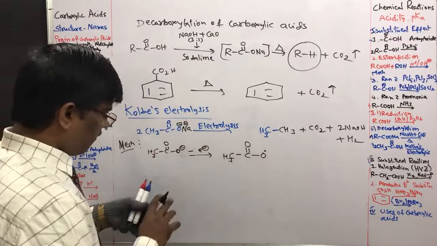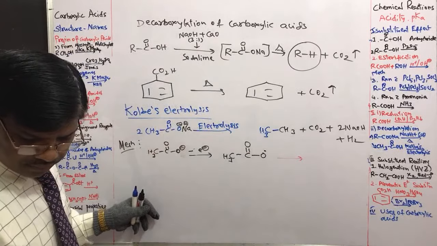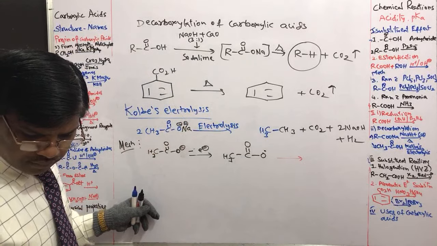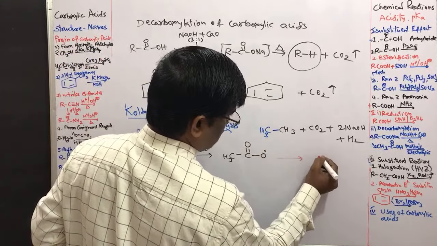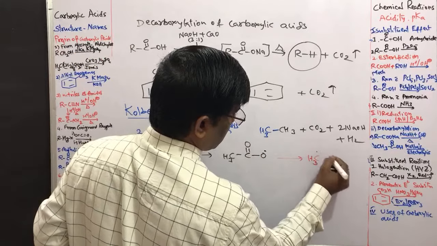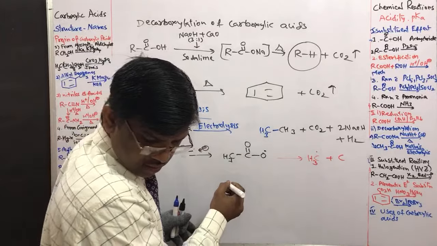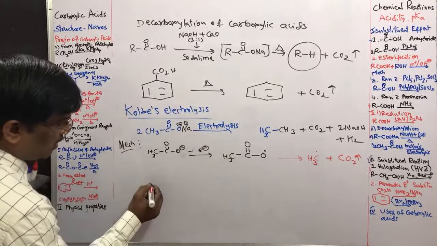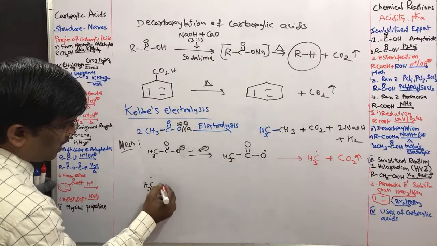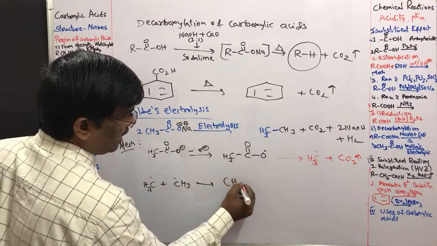This free radical, in the next step, is going to form methyl radical plus carbon dioxide. This methyl free radical plus another methyl free radical is going to form ethane.